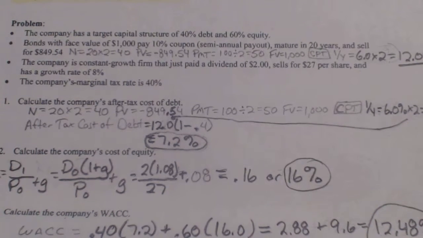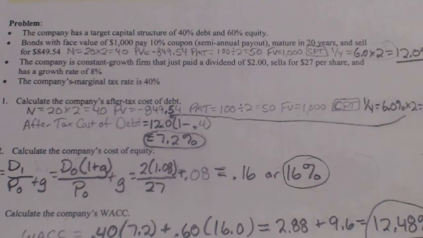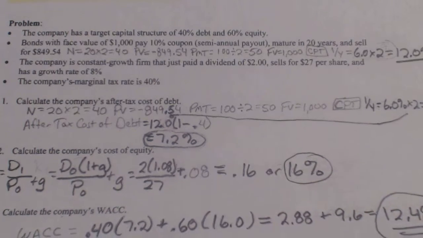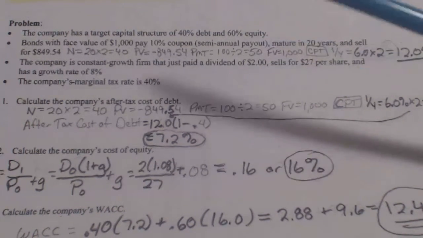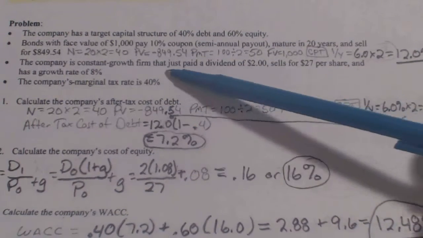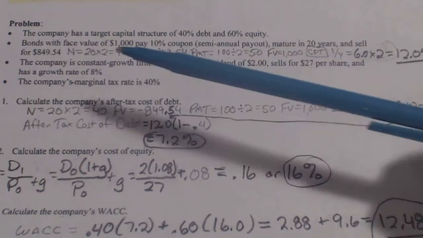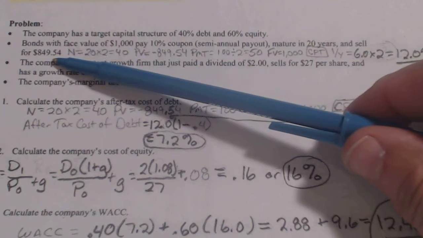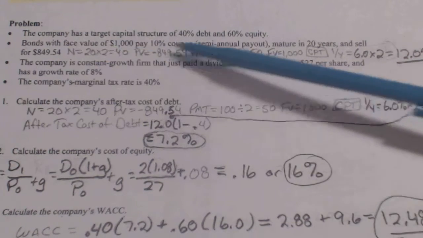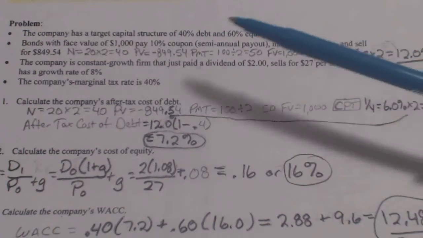The company has a target capital structure of 40% debt and 60% equity. Bonds with a face value of $1,000 pay a 10% coupon semi-annually, mature in 20 years, and sell for the market price, $849.54. Don't worry about this stuff right here because I calculated down below.